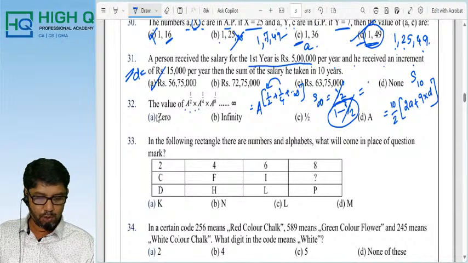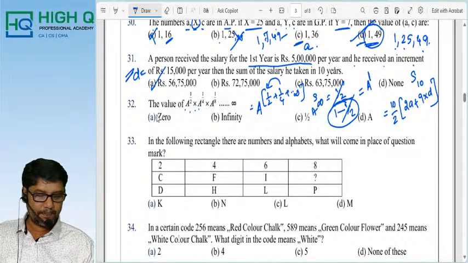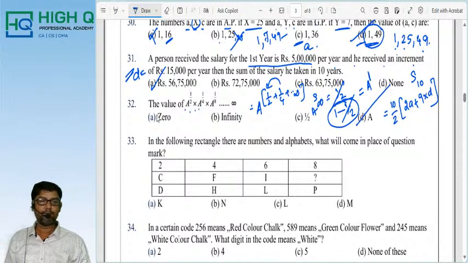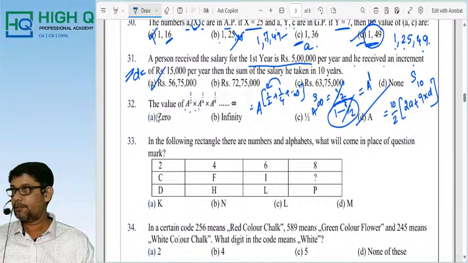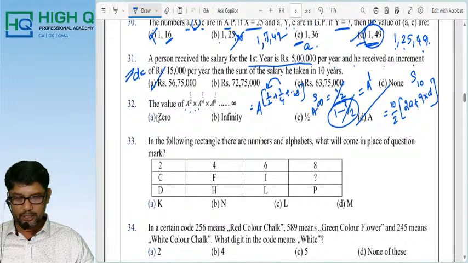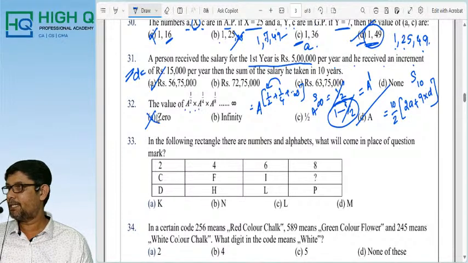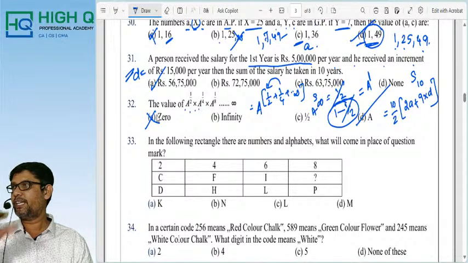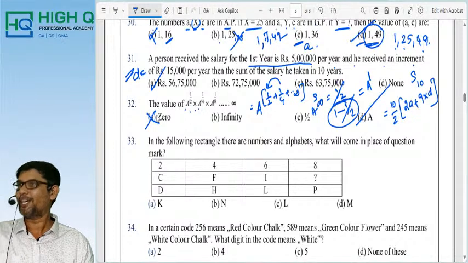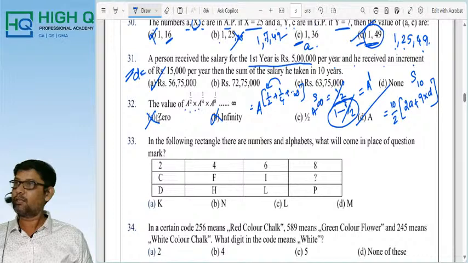Answer is A, because this is A power, na? So A power 1 you are getting, answer is A. I don't know how many of you got it right. Listen here. One thing you remember: 0 cannot be the answer. Sum up to infinity in a GP sequence, 0 cannot be the answer. Infinity also cannot be the answer.